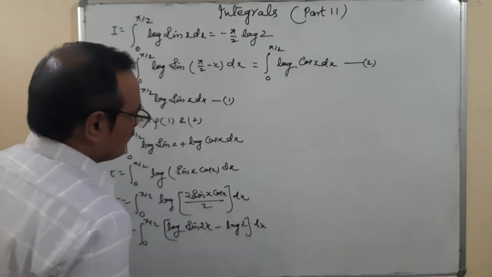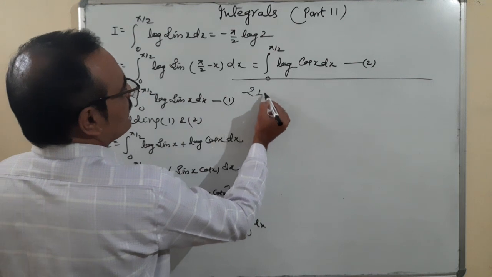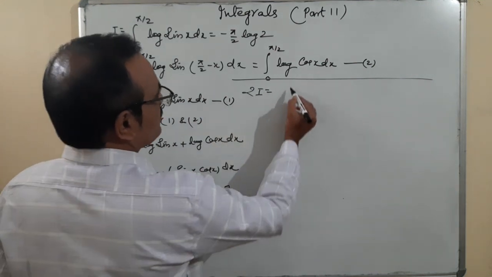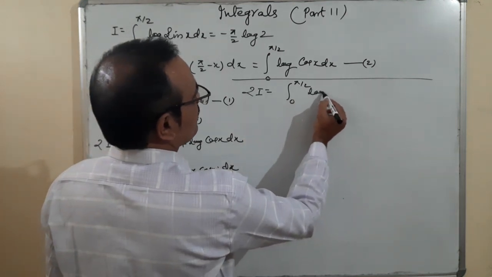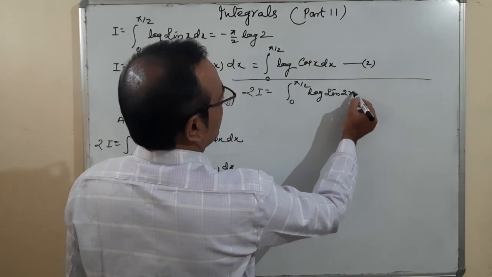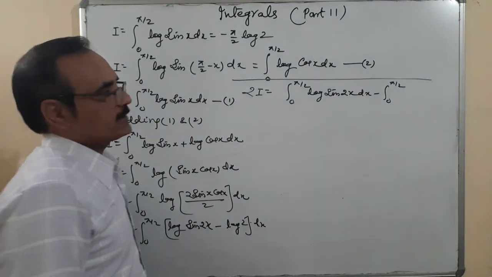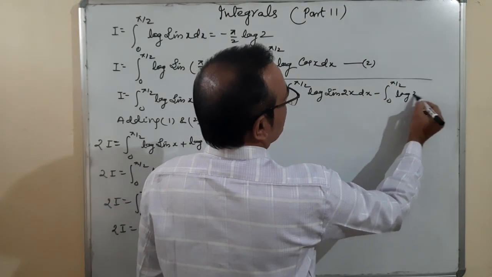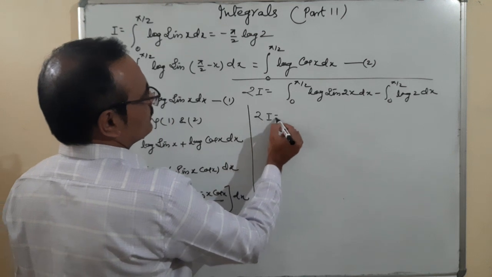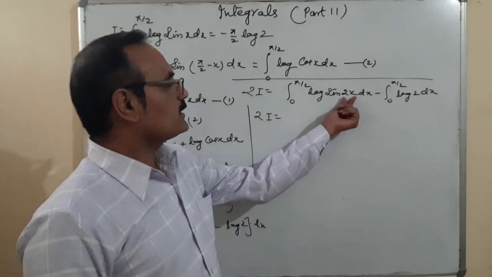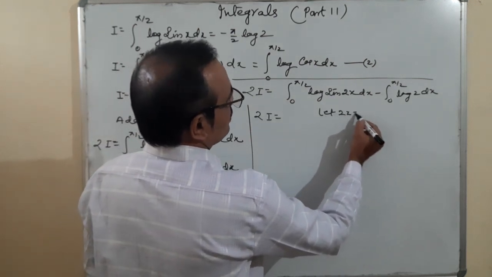Therefore 2I is equal to the integral from 0 to pi by 2 of log sin 2x dx minus the integral from 0 to pi by 2 of log 2 dx. Here I'll consider that 2x is equal to t.